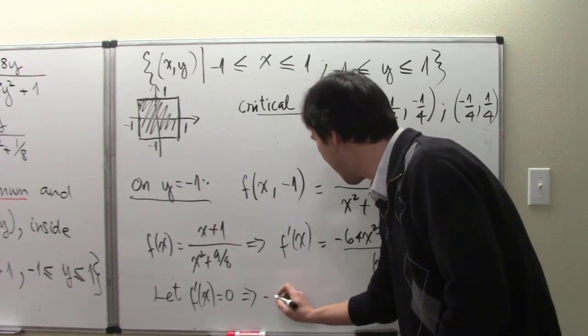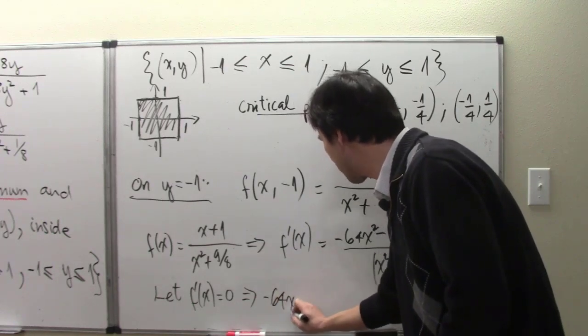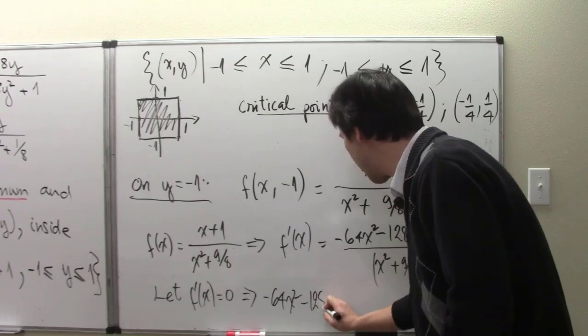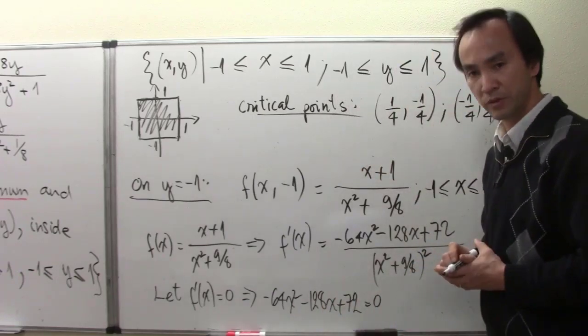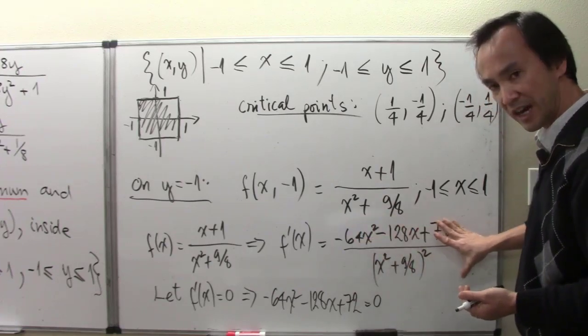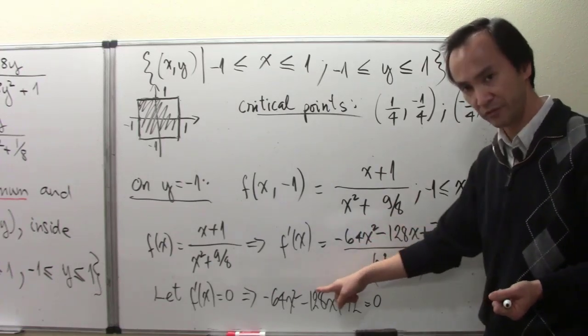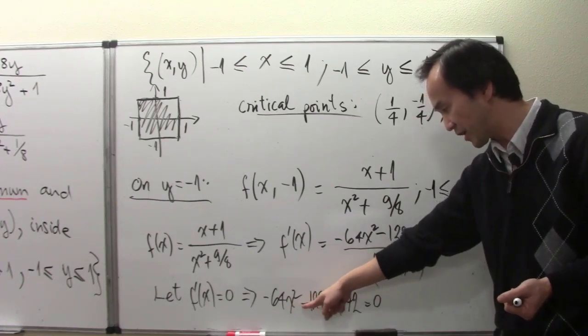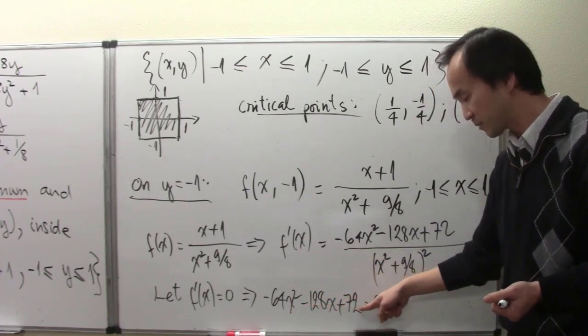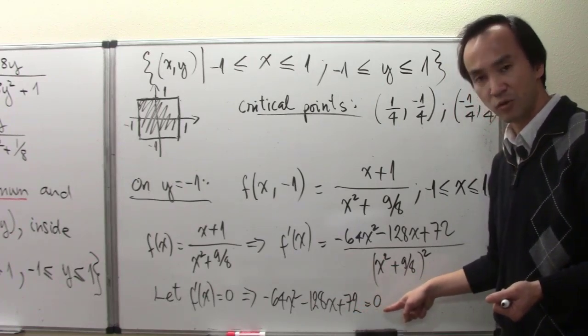We just have minus 64x squared minus 128x plus 72 equal to 0. After setting the entire rational expression to zero, you can simplify that down to just minus 64x squared minus 128x plus 72 equals 0.